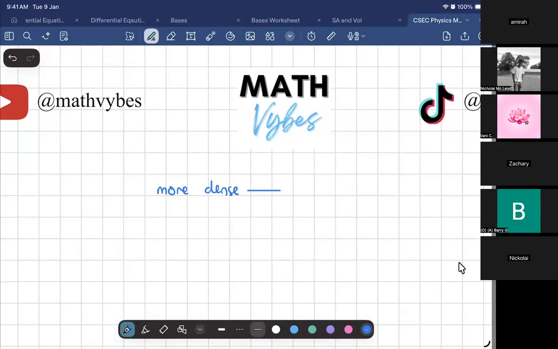Somebody tell me, anytime you're going from more dense to less dense, what happens? So the refracted ray bends away from the normal. Right. Nikolai, remember this, right? The refracted ray bends away from the normal.